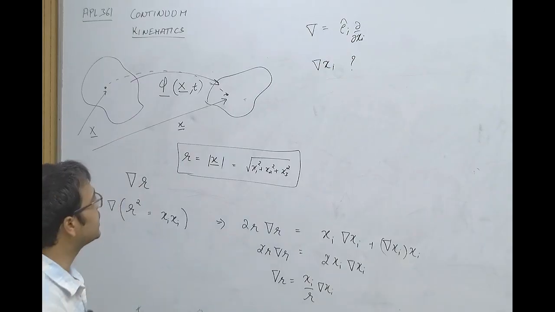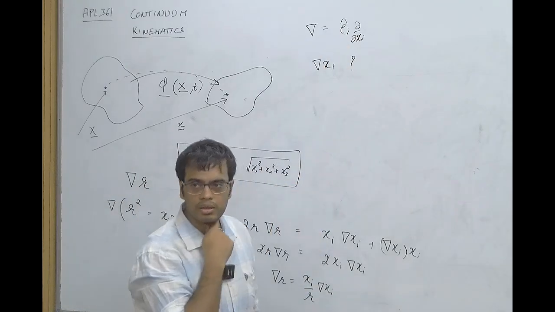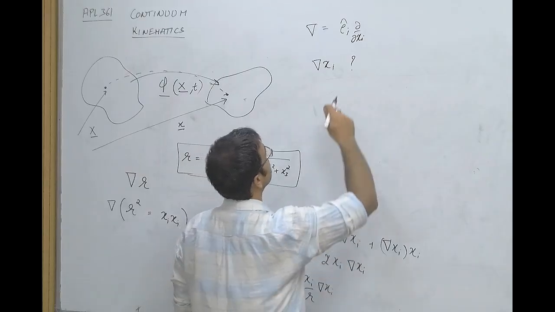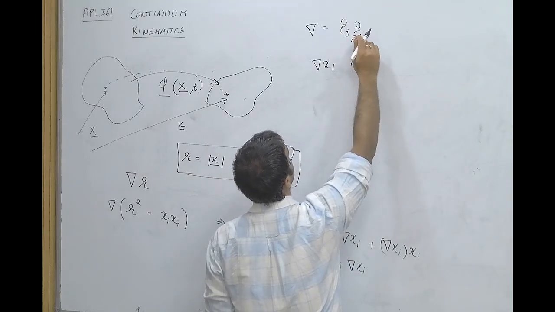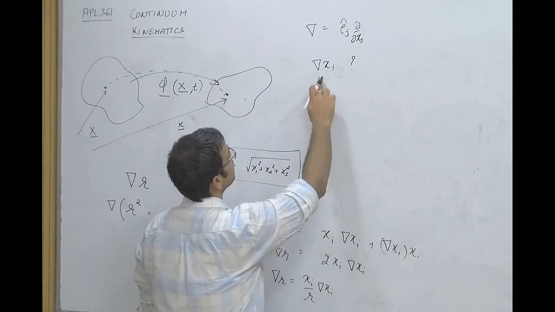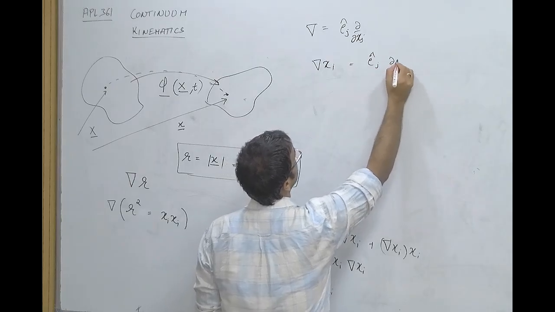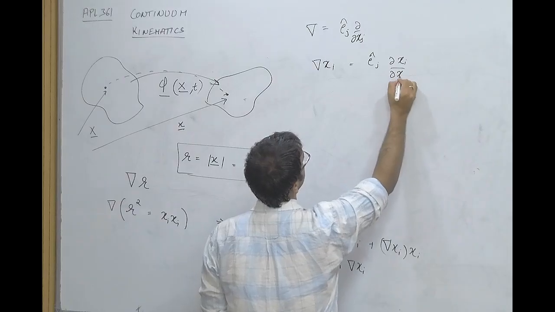We'll have to change the index in the definition, and that doesn't matter because it's anyway a dummy index. So instead of writing e_i del by del xi, you write e_j del by del xj, and then grad of xi gives you e hat j del xi by del xj.